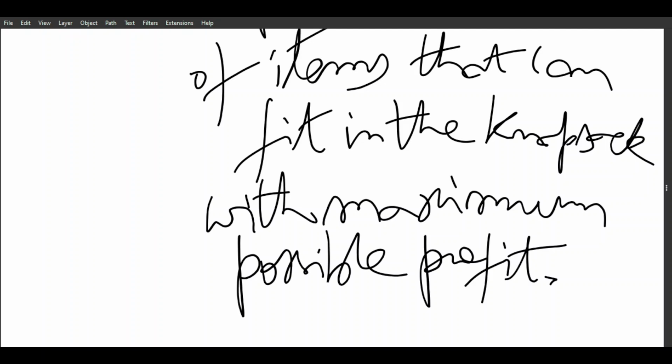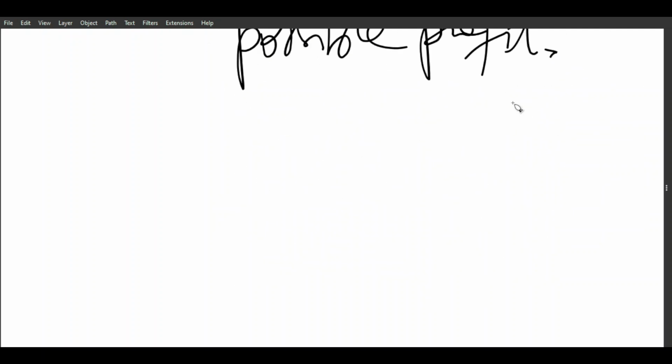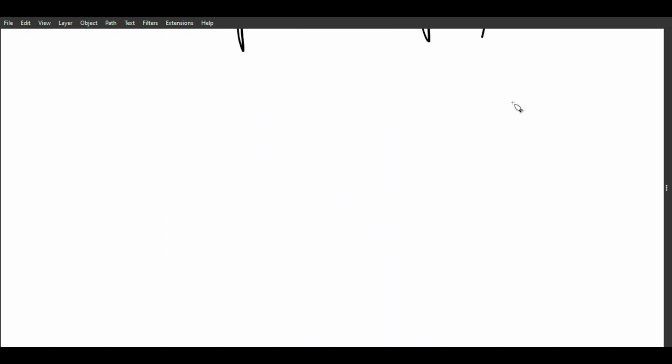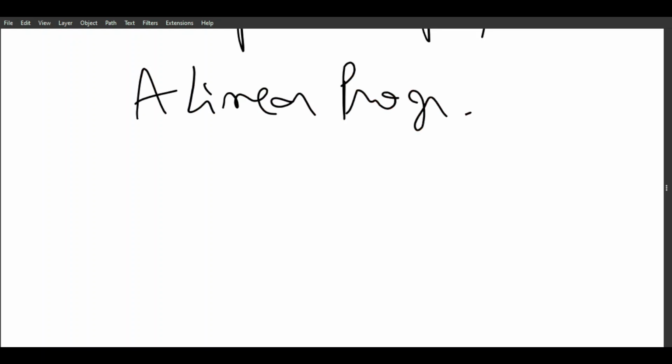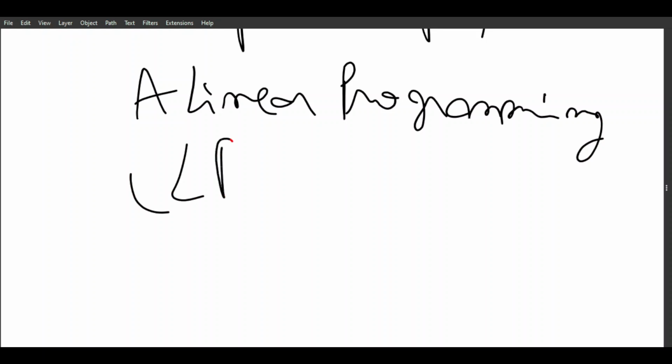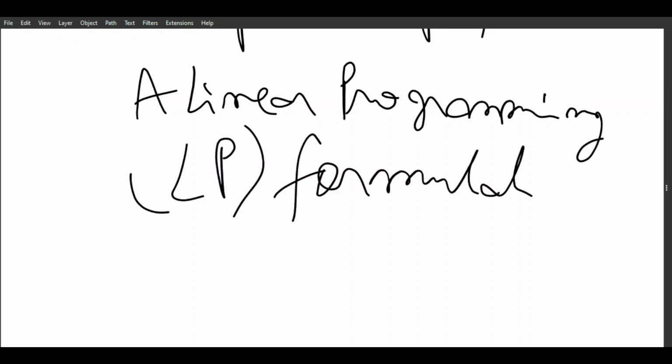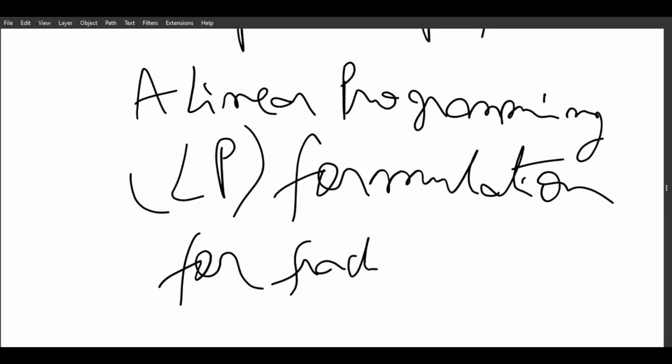So we formulate the problem, not integer linear programming, linear programming. In short, this is called the LP formulation for this problem, the fractional knapsack problem.